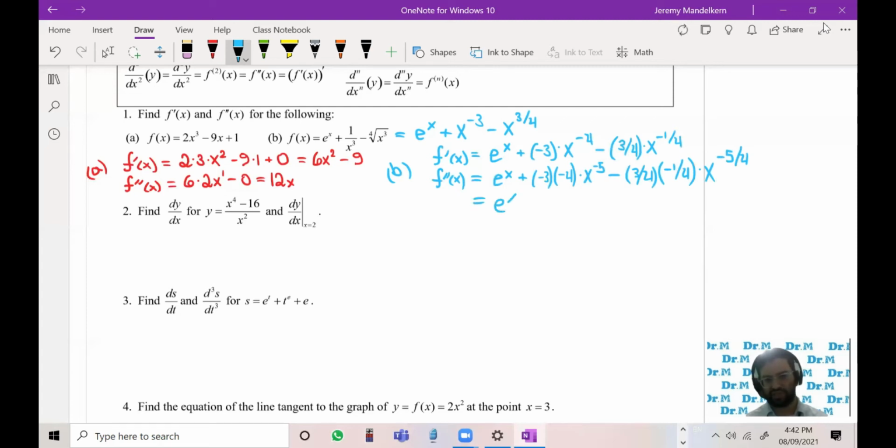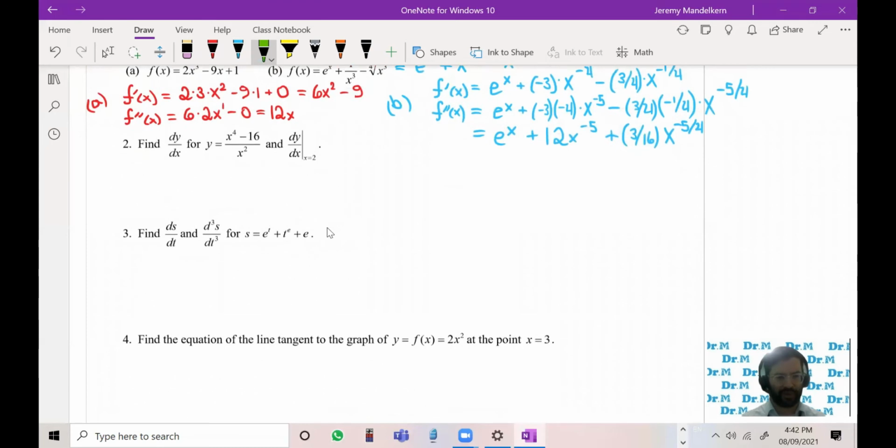Here it is: e to the x plus 12x to the power minus 5, and we have another plus term here. The fraction is going to be 3/16, and we should just leave this term as x to the minus 5/4. There's no reason to get rid of the fractional exponent. And with that, we've completed problem 1.